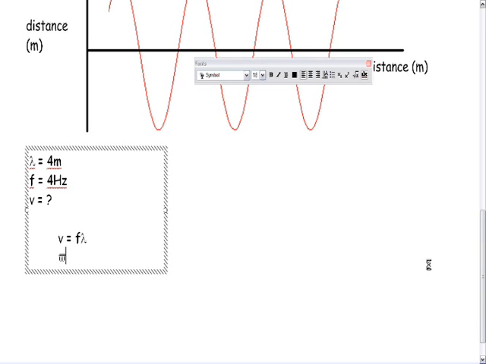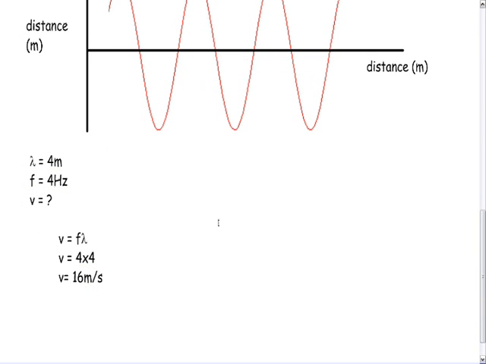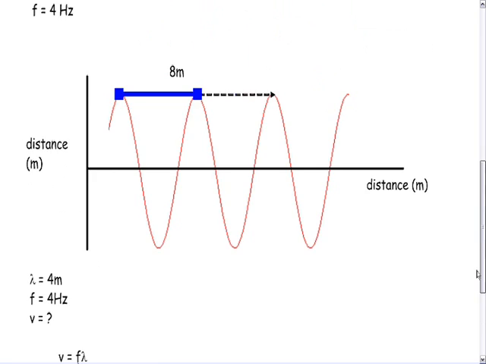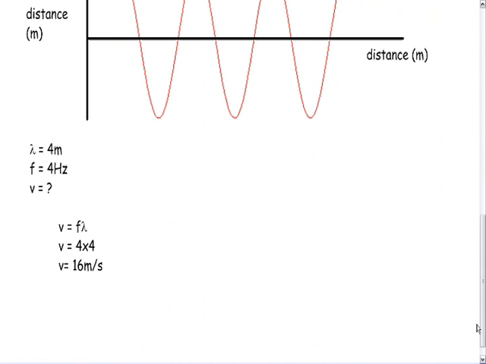So v equals f, which is 4, times lambda, which is also 4. So v is equal to 16, and because my lambda was in meters and my frequency was in hertz, it's a nice standard meters per second for my velocity. Nothing to it. Okay, see you next time for 2.1.3.